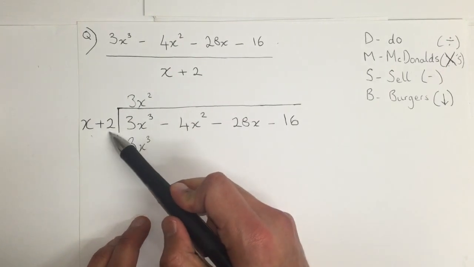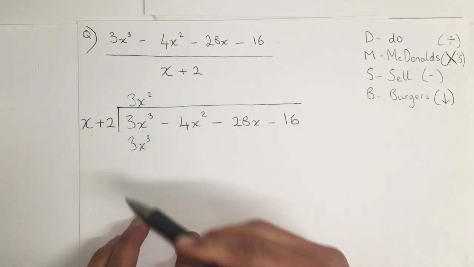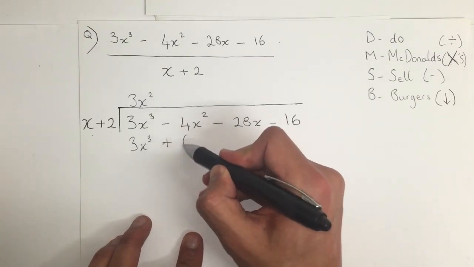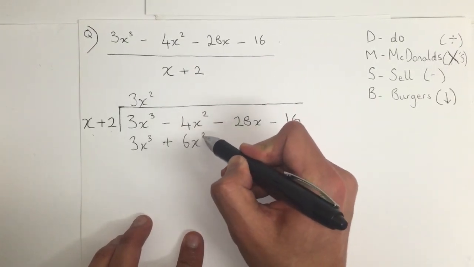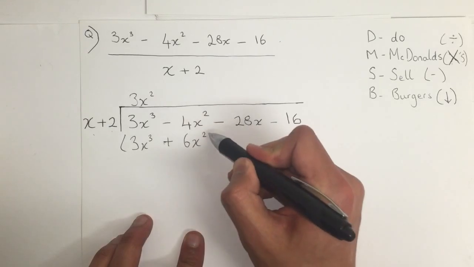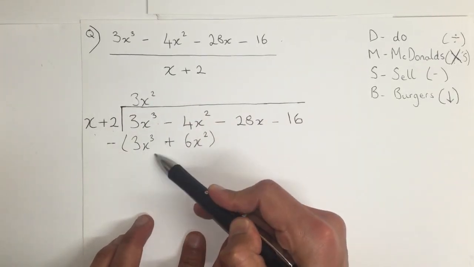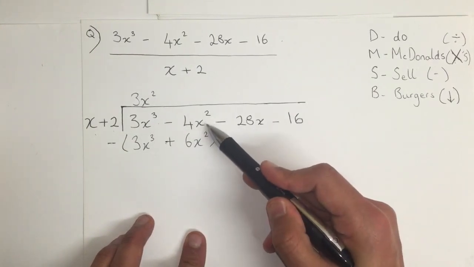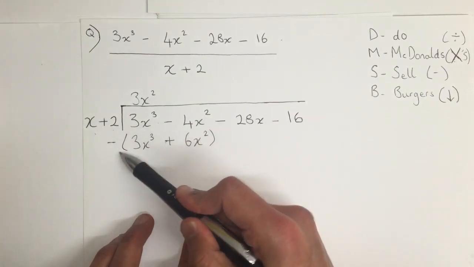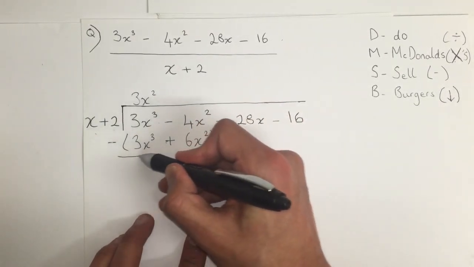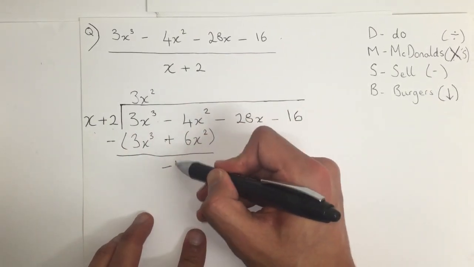Then we times the 2. 3x squared times 2 is 6x squared, plus 6x squared. Then I'm going to put it in brackets, minus sign. 3x cubed minus 3x cubed is obviously 0. Minus 4x squared minus 6x squared equals minus 10x squared.